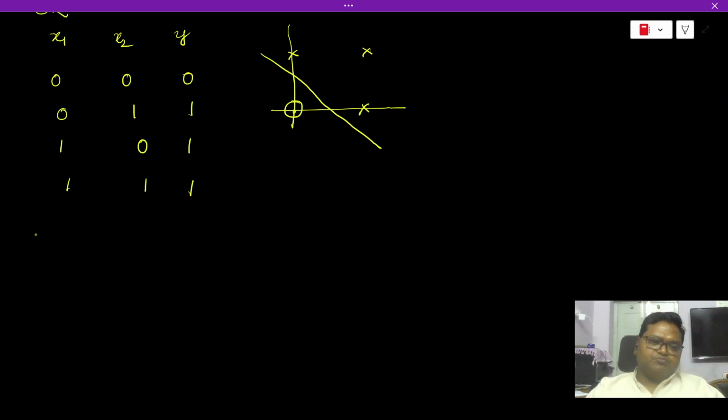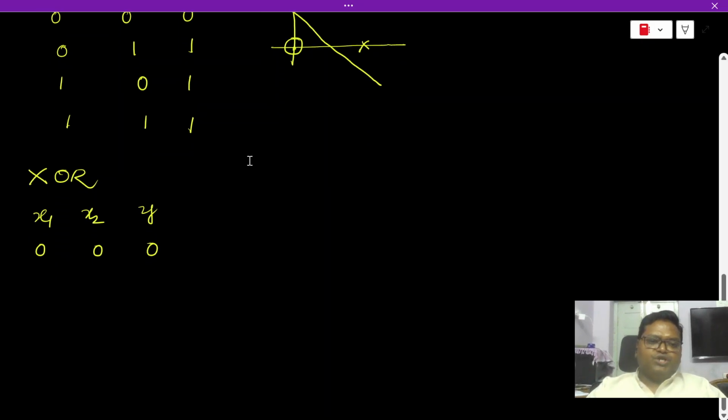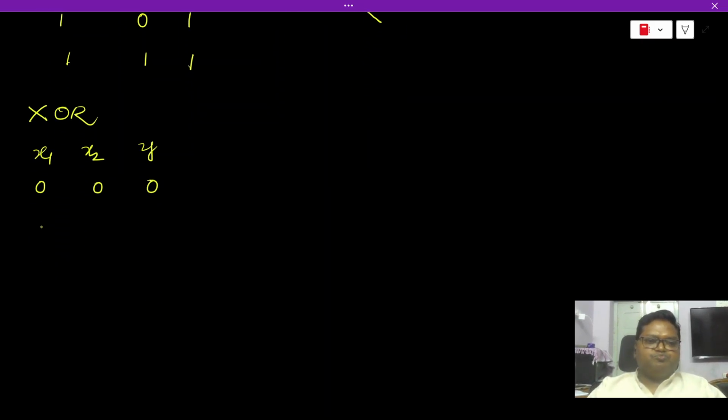But the problem comes when we deal with another relation, exclusive OR. In the exclusive OR, if you see the data, it will output 1 only when one of the inputs is 1 and the other is 0.